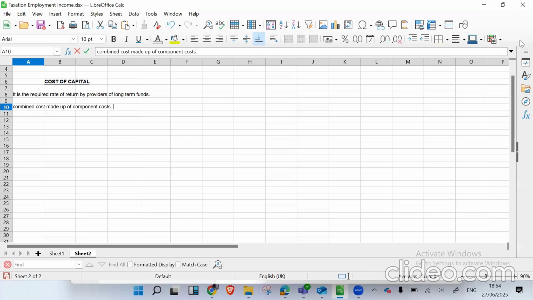That is, a combination of cost of equity (KE), cost of debt, cost of preference shares (KP), and cost of debt (KD).